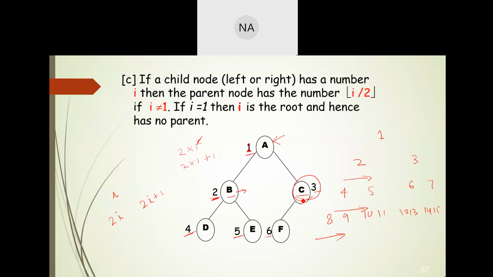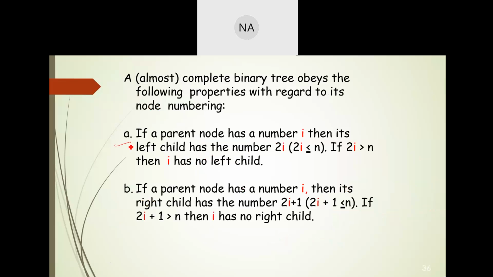Node C is assigned number 3. So the number assigned to its left child F is 2 into 3, that is 6, right? So if a parent node has number i, then its left child has number 2i, provided 2i is less than or equal to n, where n is the total number of nodes in the binary tree.